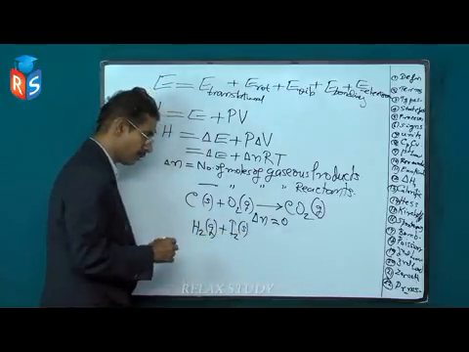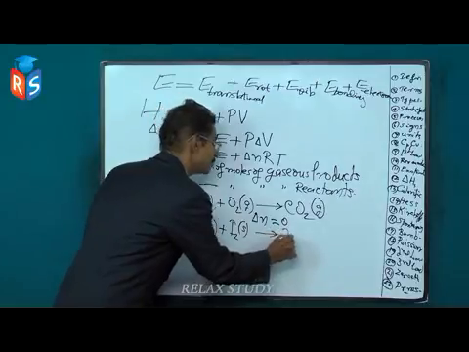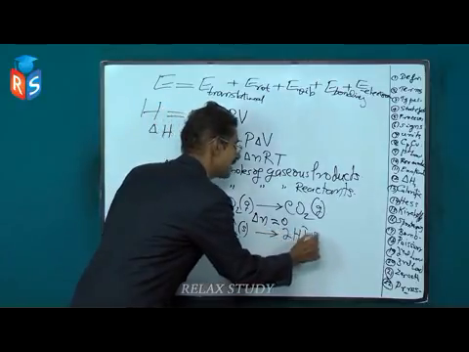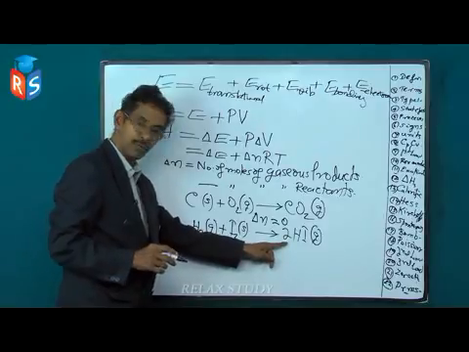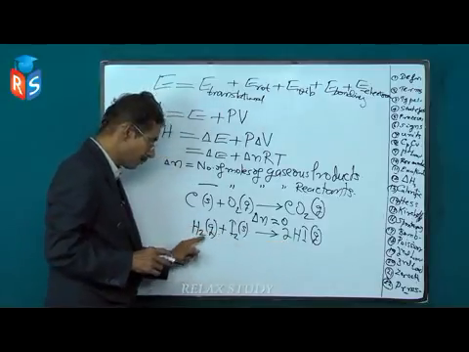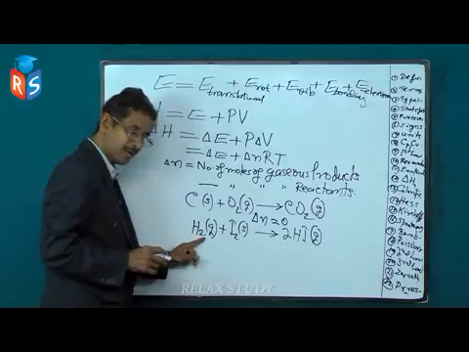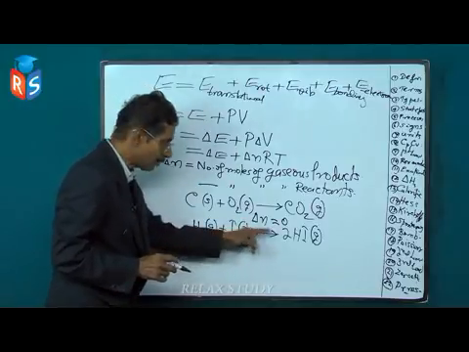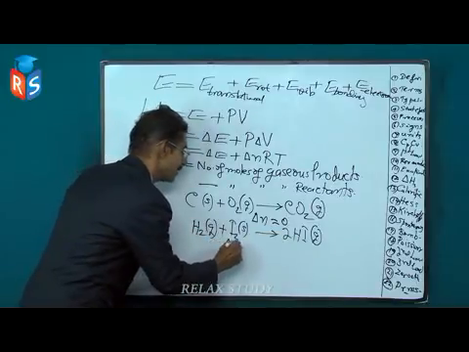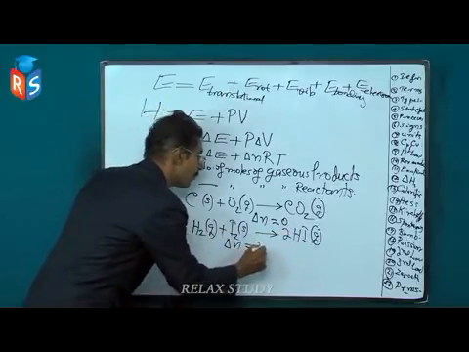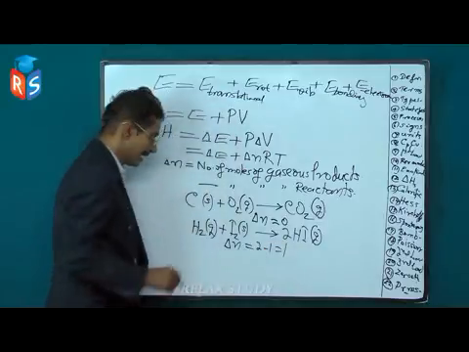Iodine is in the solid state normally, and this one giving 2HI. HI is in the gaseous state, therefore you have 2 moles of gaseous product, only 1 mole of gaseous reactants. Obviously, the value of delta N for this reaction would be 2 minus 1. Delta N equals 2 minus 1 equals 1.